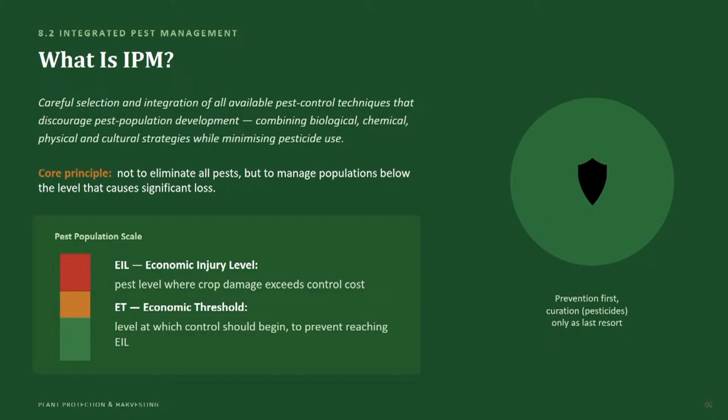One is the EIL, that is the economic injury level, and another one is the economic threshold level. The economic injury level means the pest level where the crop damage exceeds the control cost, while the economic threshold level is the level at which pest control strategies should begin, so that the pest does not reach the economic injury level.